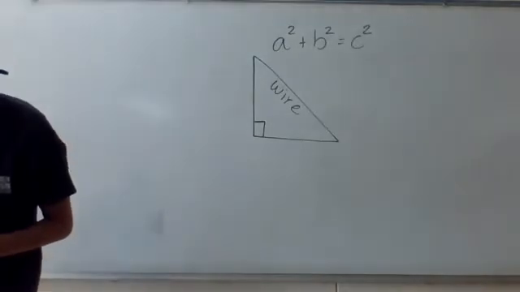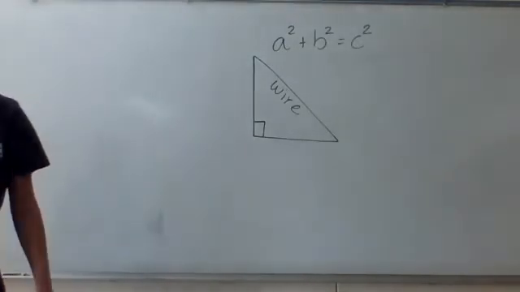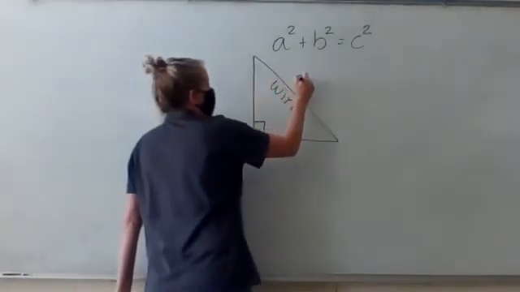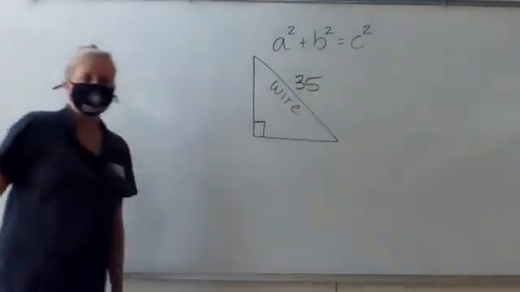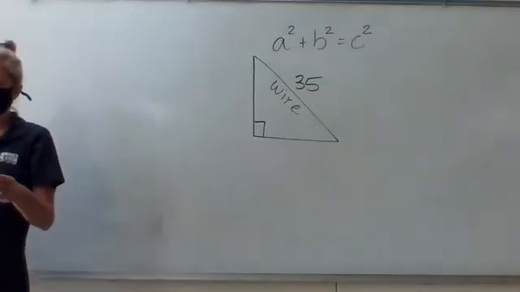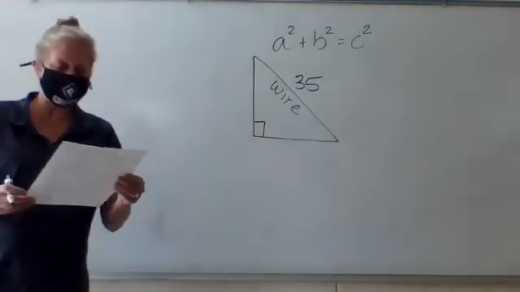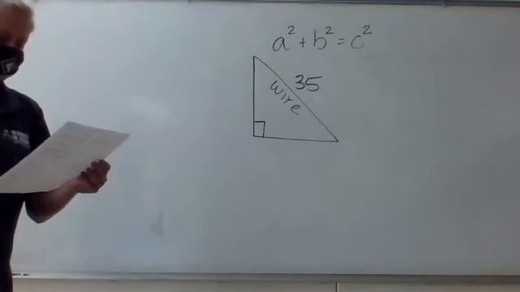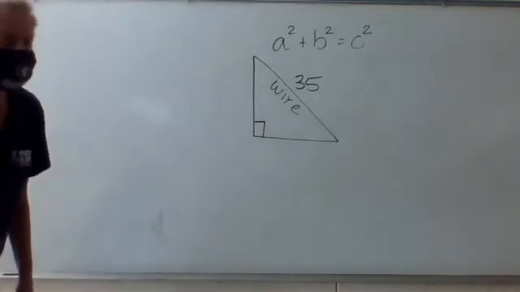So let's see what information it gives me. It tells me that the wire is 35 feet long. So I know this distance of that side. Then it tells me the height of the tower is 7 feet greater than the distance from the tower's base to the end of the wire.